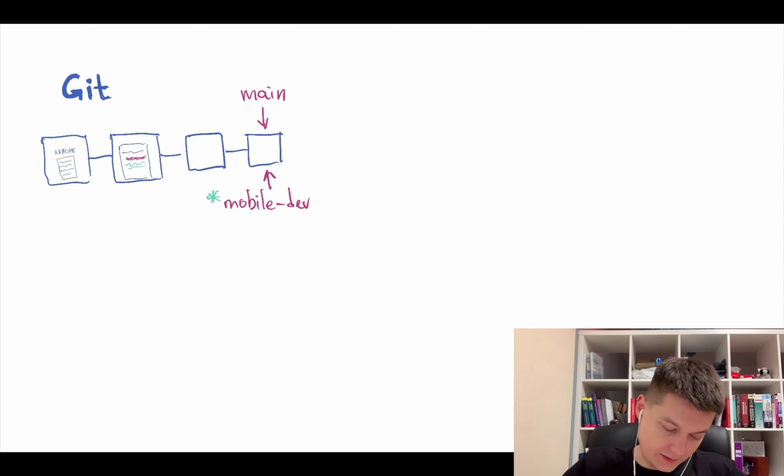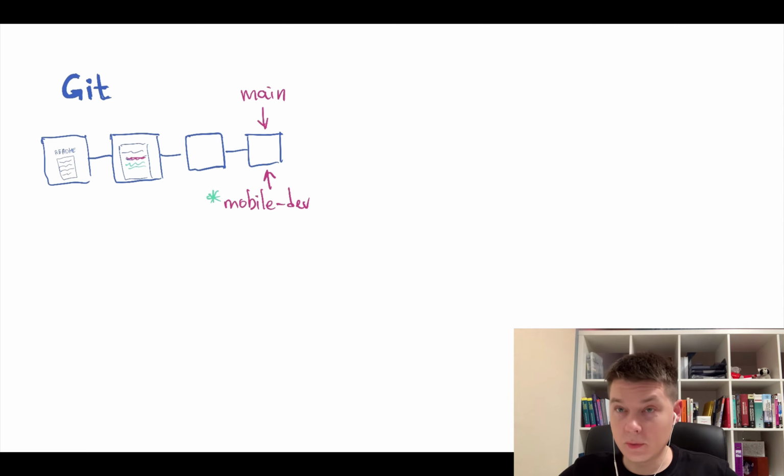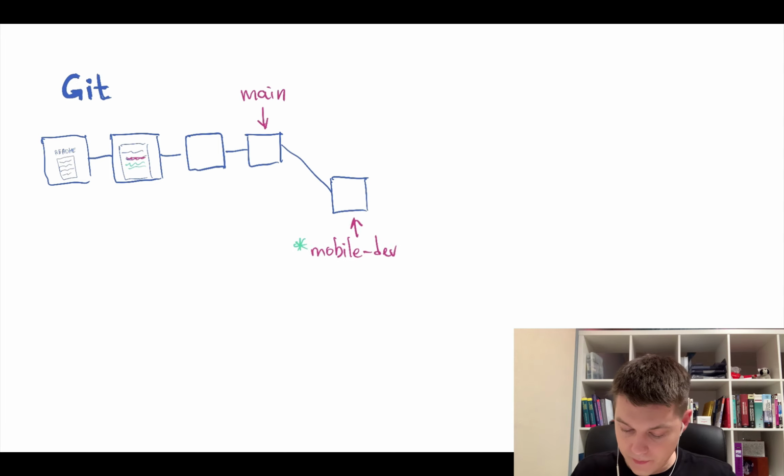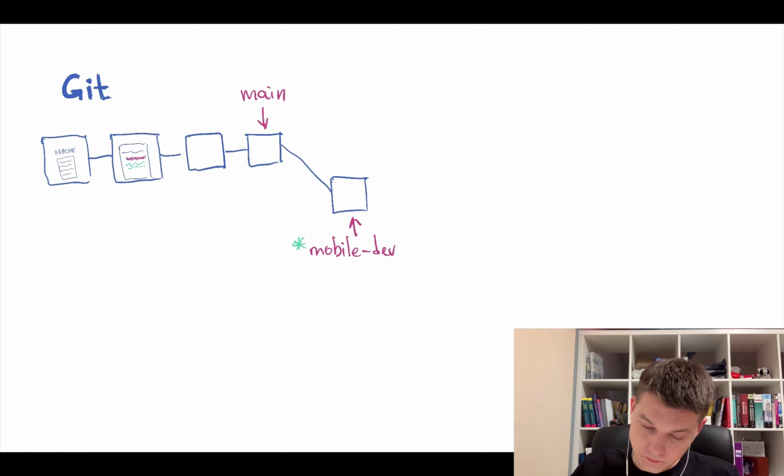Right. Later, when we add new commits to our repository, for example, we created a new file for mobile dev, like a draft for the mobile dev vacancy, the current branch points to the commit we just added. That is a very, very useful thing. We continue working with this branch.